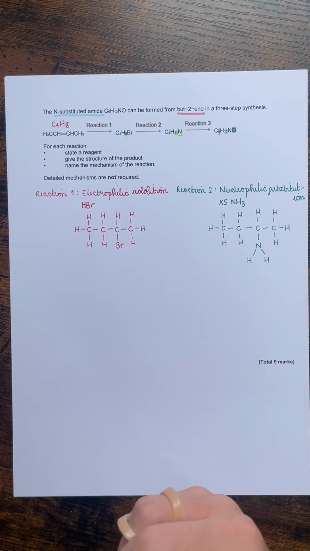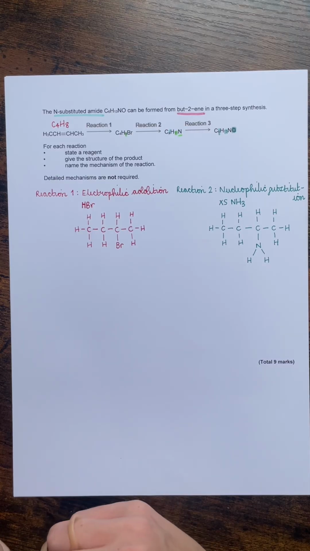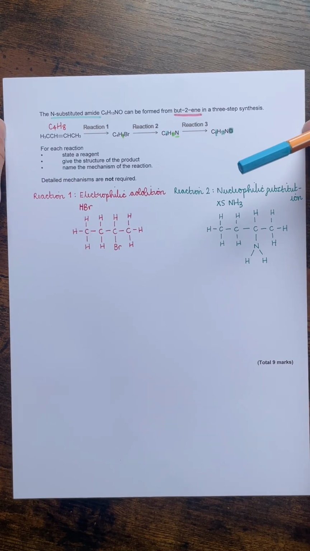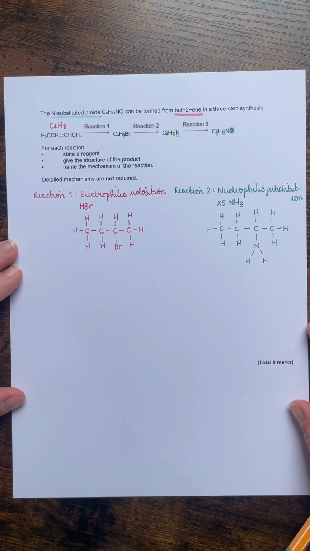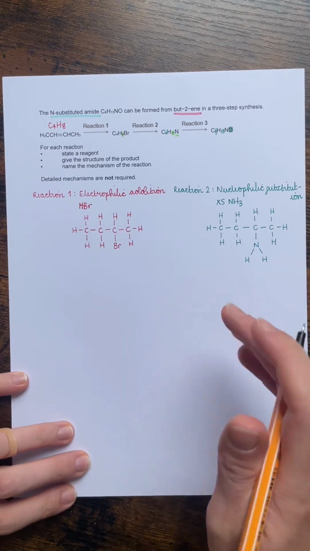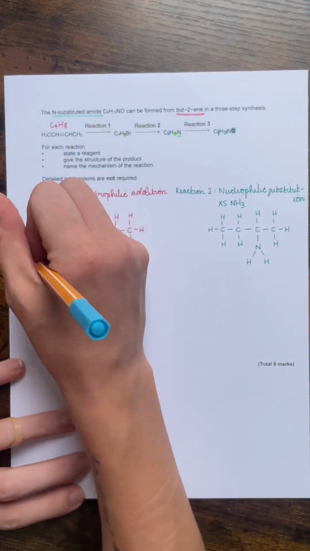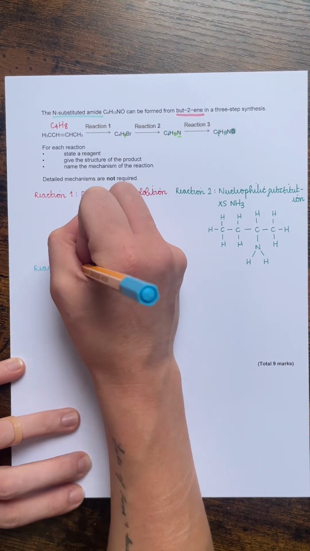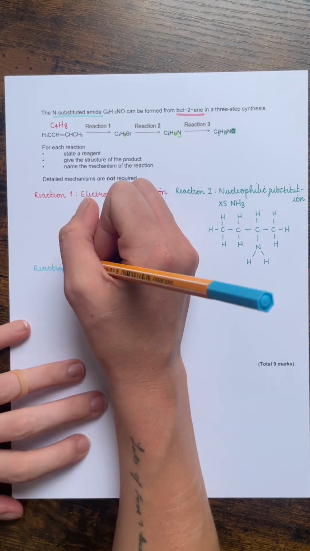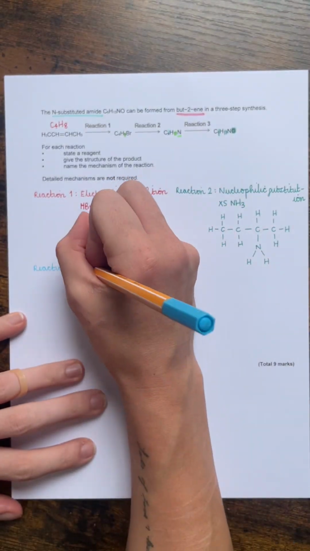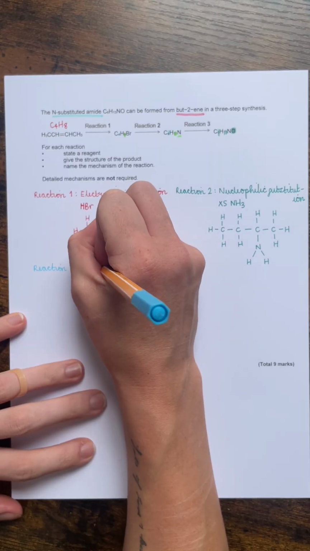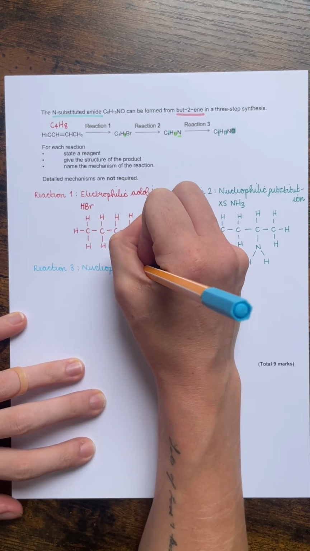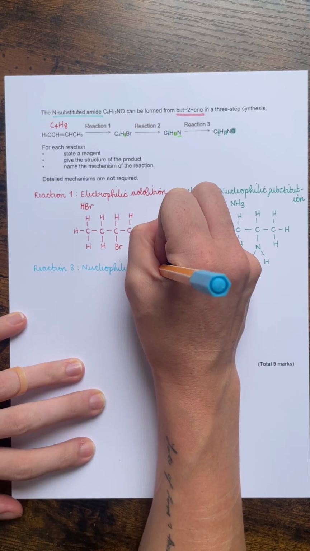Now, when we've got N-substituted amides, one of the things that might help in terms of the recall memory side of things is that we can only make an N-substituted amide in nucleophilic addition elimination. So that is a helpful kind of thing to have stored away in the brain. And I'm going to stop talking and writing at the same time. My brain doesn't seem to be able to handle that today.